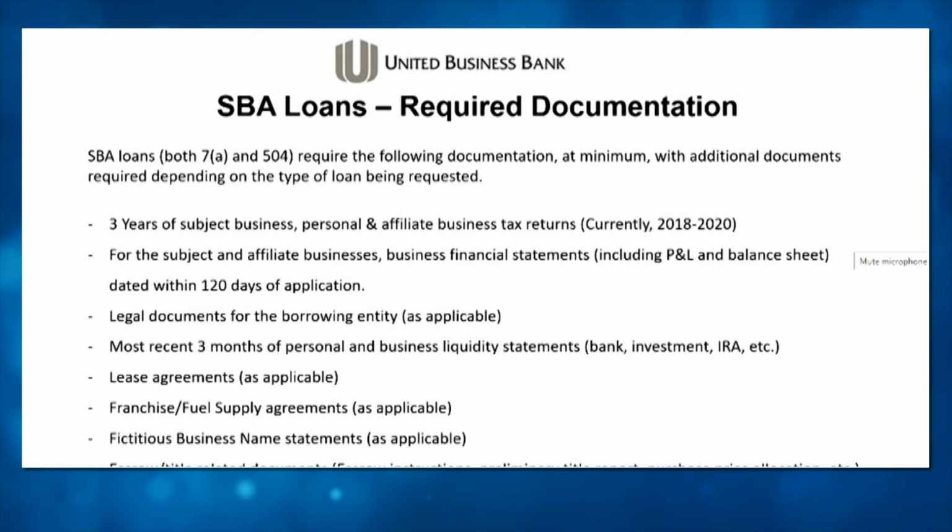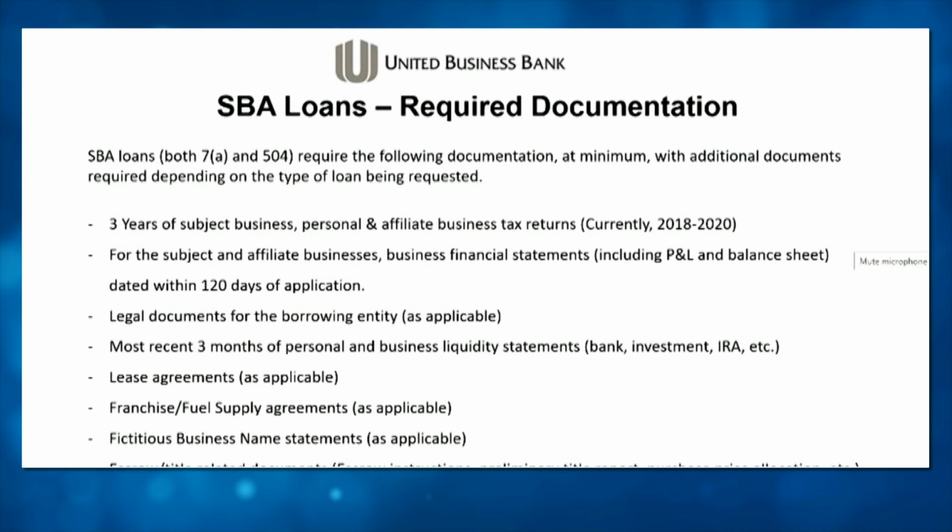So those are the typical documents you would require for the legal documents of the borrowing entity. Bank statements, always prepare 3 months. Maybe some lenders will require less, 2 months, but generally speaking, 3 months of bank statements. And you should definitely include the bank, the investment accounts, the IRA accounts, and all of these things. A lot of times, borrowers are a little bit wary of providing all of their bank statements and information.